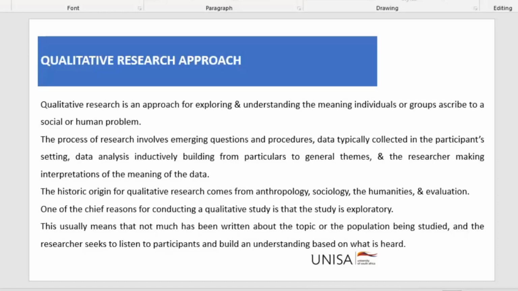The ethnography, this one comes from anthropology. So there is always an understanding of which approach of qualitative research is stronger in which field or area of study. And it does not mean you have to be an anthropologist to do it, or a sociologist.